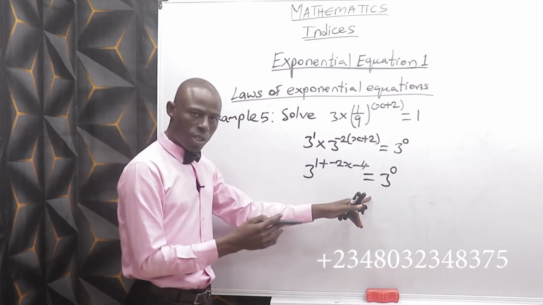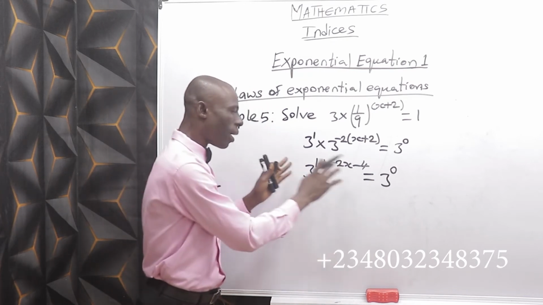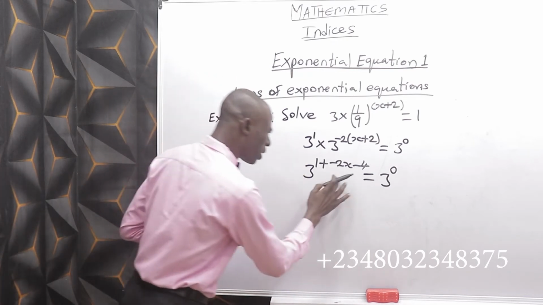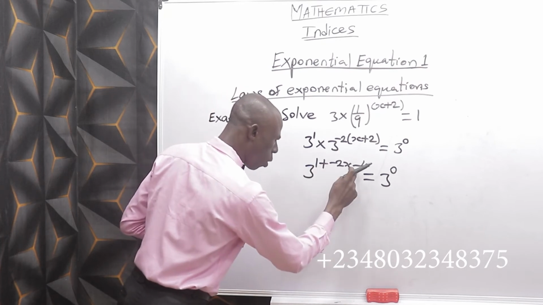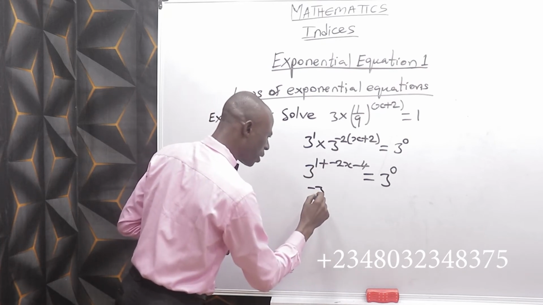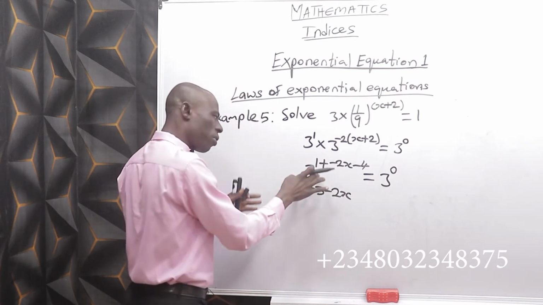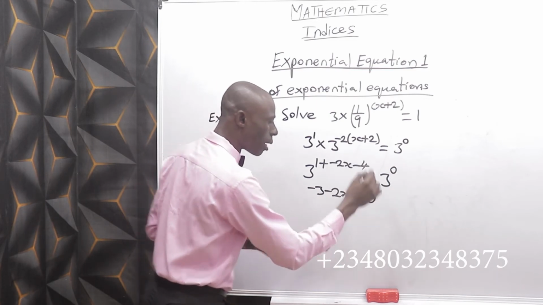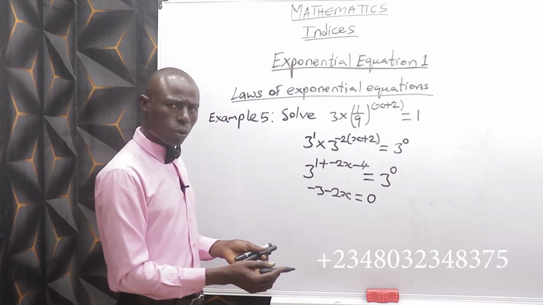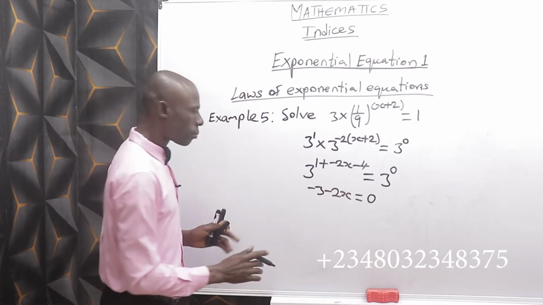Another law comes up, which is the law of common base, which suggests that the powers also are equal. What is the power on this side? 1 minus 4 is minus 3. Minus 3 minus 2x is the power on this side, which must be equal to the power on this side, which is 0. Why must they be equal to each other? Because their bases are equal.